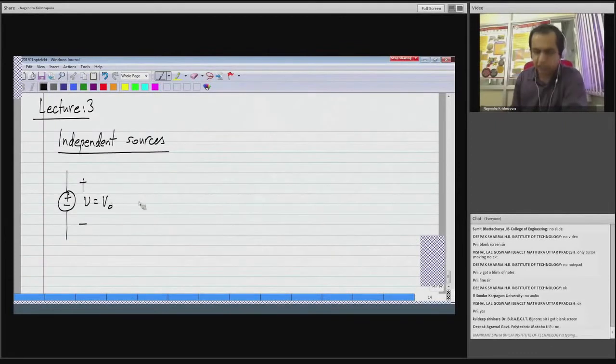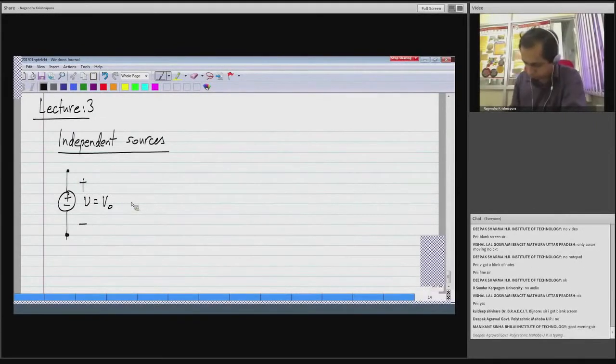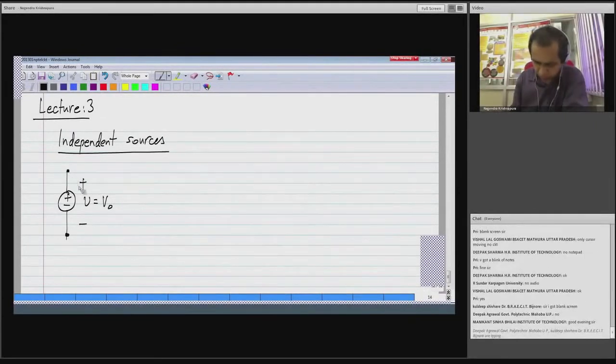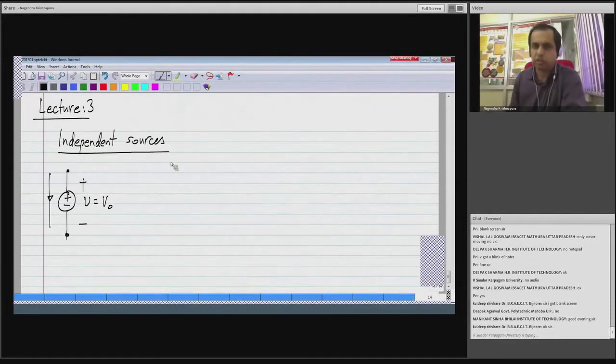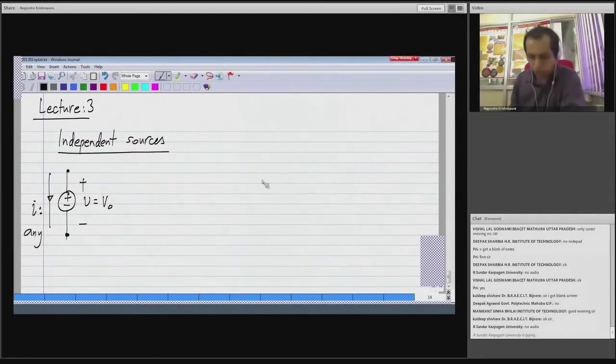What it does is maintain a given voltage V0 across its terminals, and it can carry any current. This means the voltage source itself will not impose any restriction on the current. The restriction will come from whatever circuit it is connected to. That is the property of an independent voltage source.